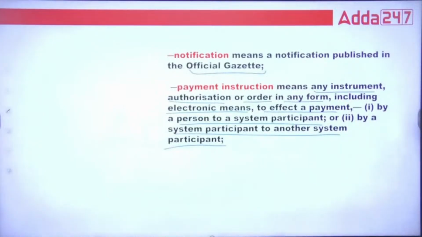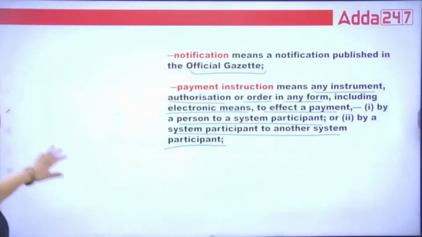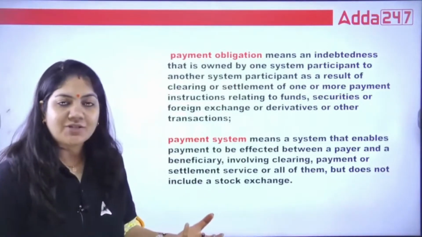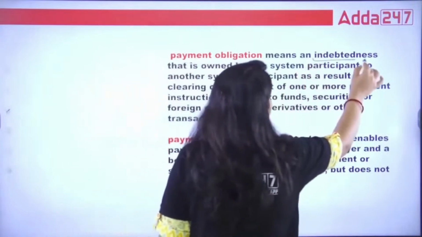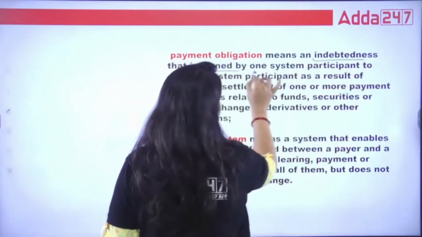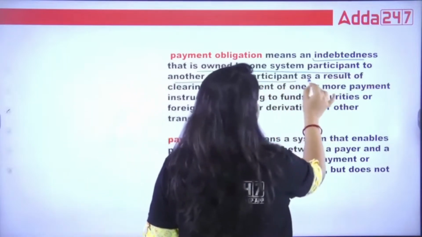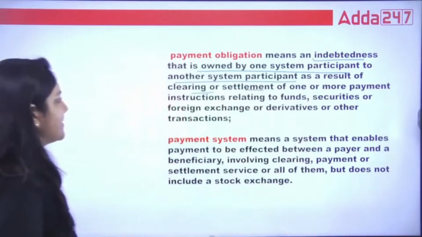This is called payment instruction. Okay guys, next one. What is payment obligation? Obligation is the duty. It means indebtedness that is owed by one system participant to another system participant as a result of clearing and settlement of one or more payment instructions.